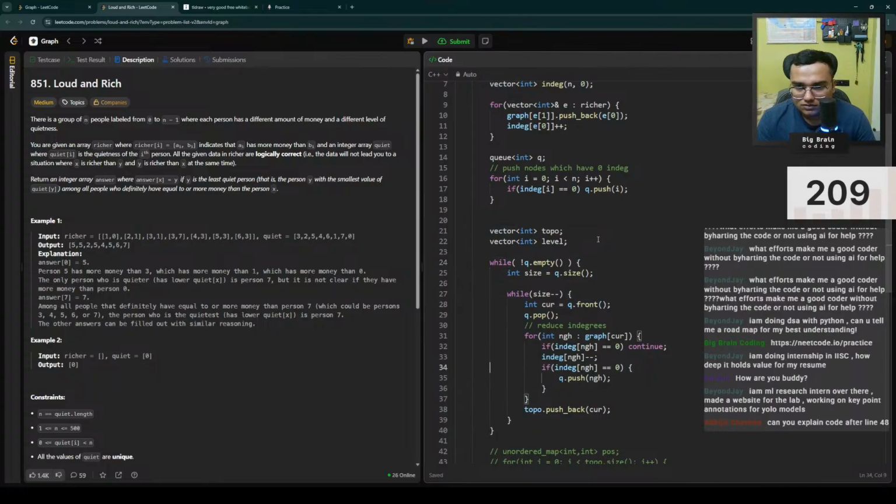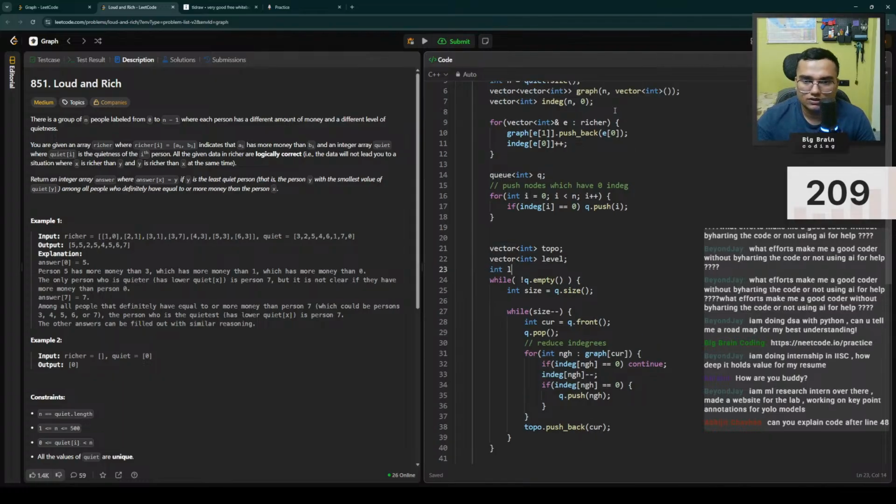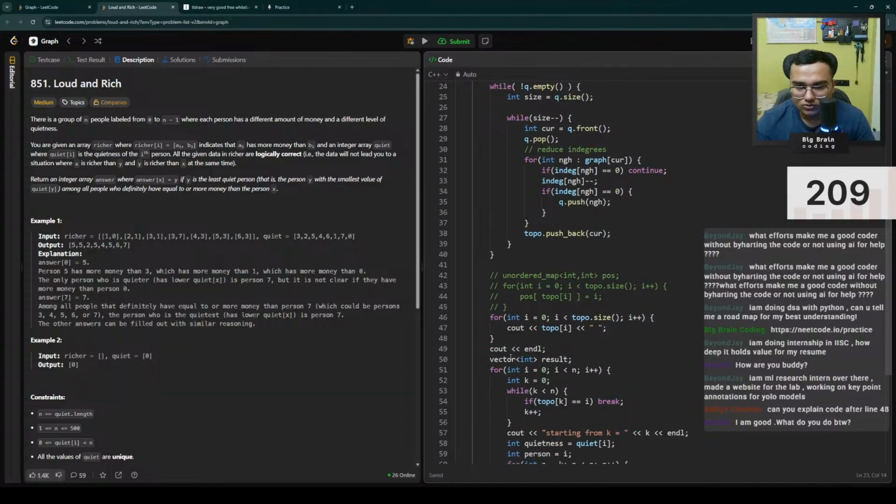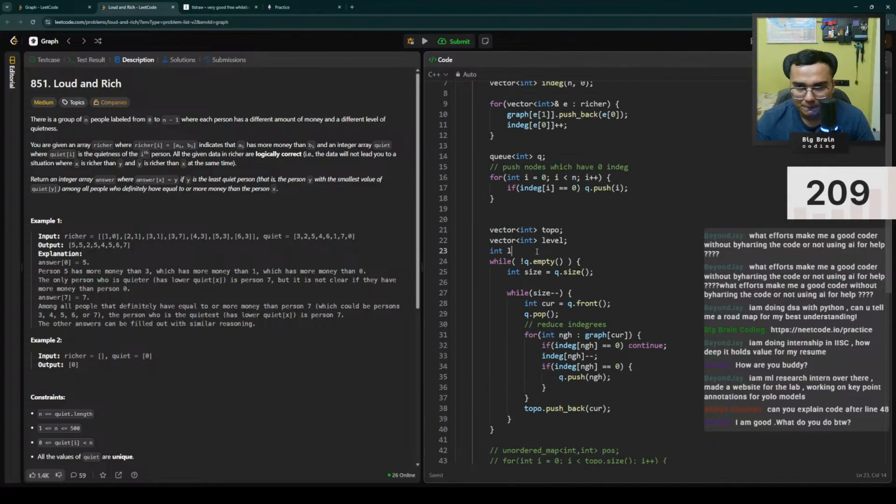So along with the order, okay, so this code is already way too complicated, but let's continue, man. Okay, initially L is 0, right? And level dot push back L, and then after every size I increase the level, right?